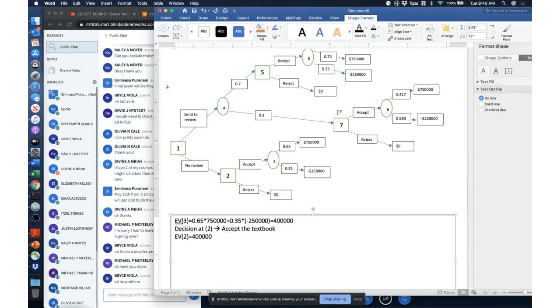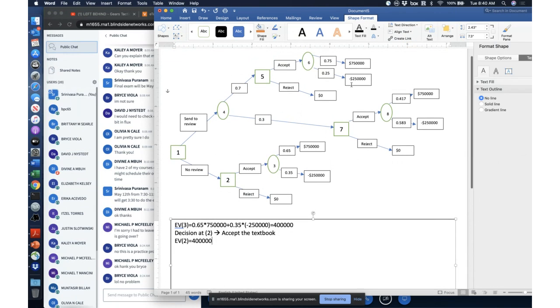Now let's go to this part of the decision tree. Let's pick the favorable portion first, and then we'll do the unfavorable portion, and then calculate the expected payoff. Let's begin with the expected payoff at node 6. The expected value at node 6 is 0.75 times 750,000 plus 0.25 times minus 250,000.